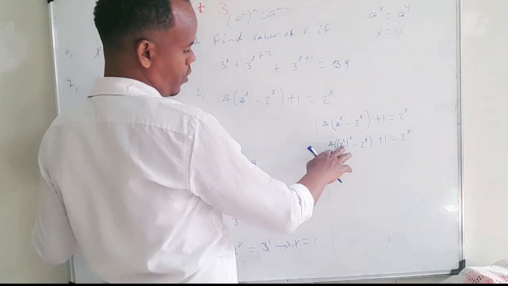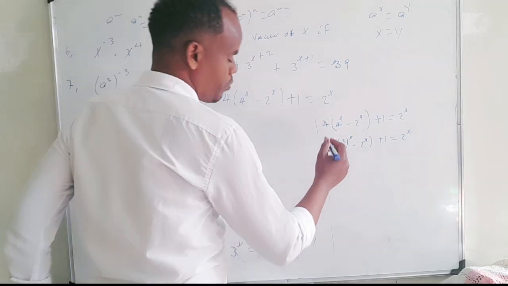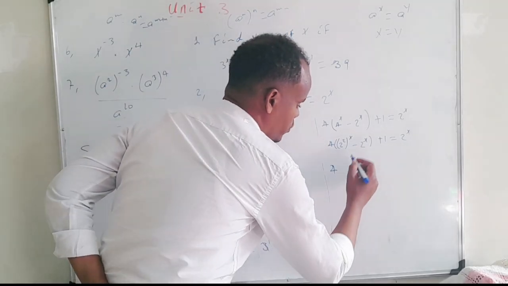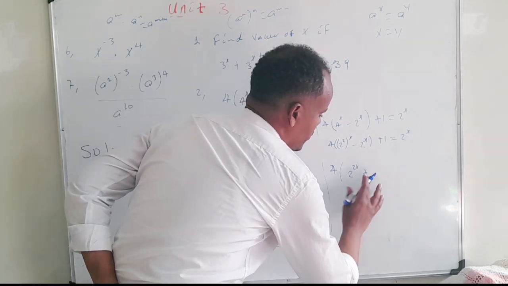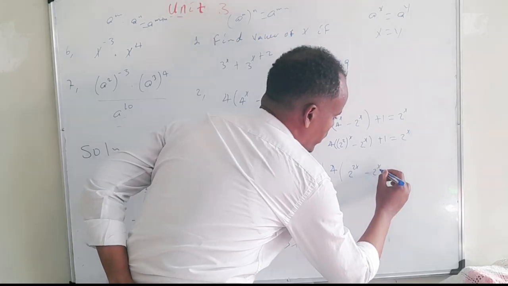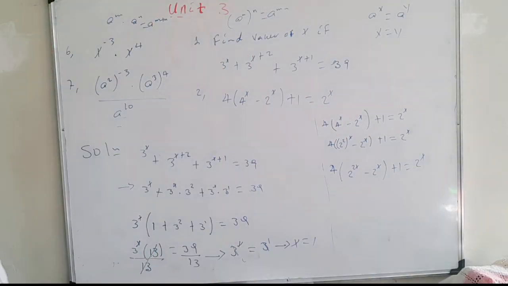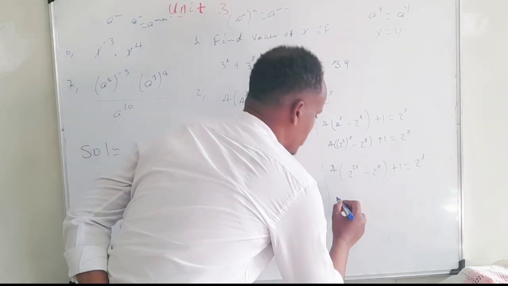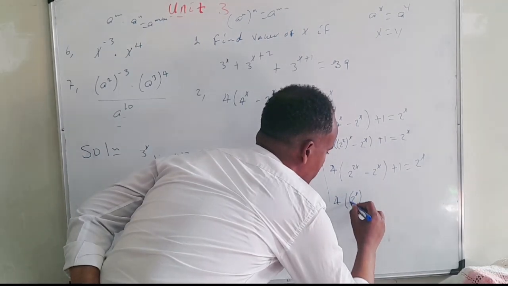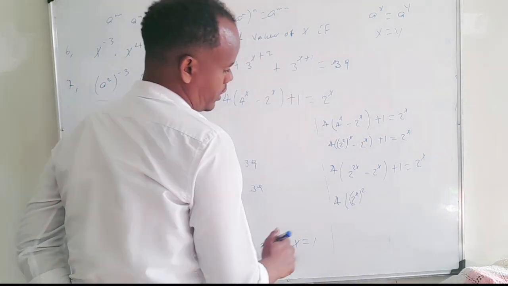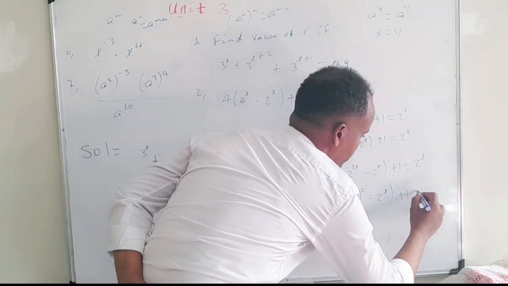That is power of power, so 4 times 2 to the power of 2x, minus 2 to the power of x plus 1, is equal to 2 to the power of x.